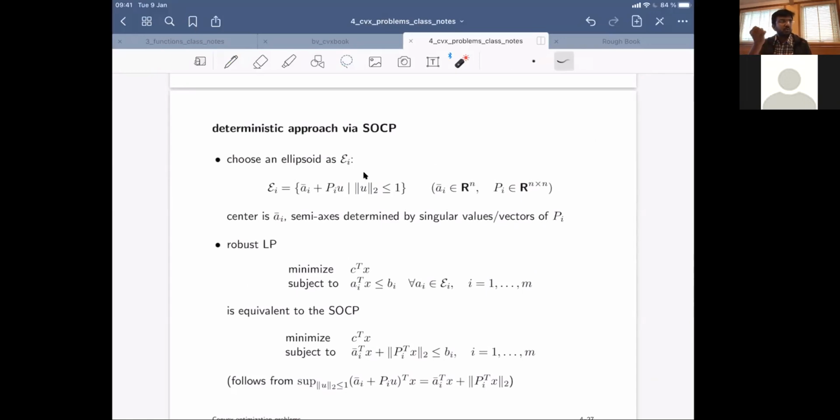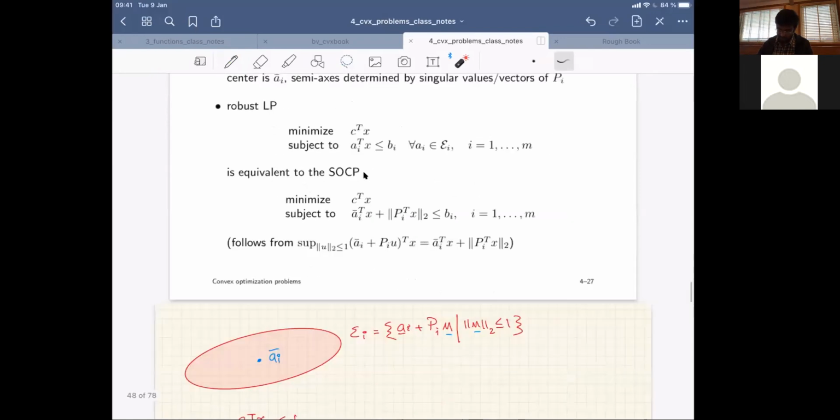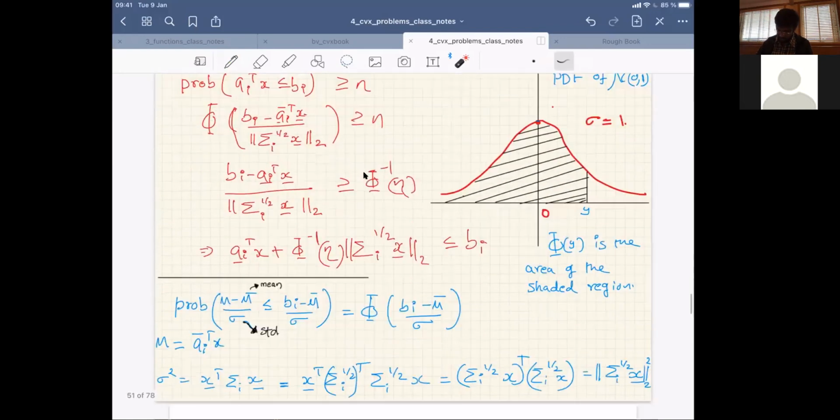One is using the ellipsoid, a deterministic approach, and the second one is using a random variable, meaning we bring in a probability. In both approaches, we rewrite the optimization problem using an SOCP framework. That's what we saw.